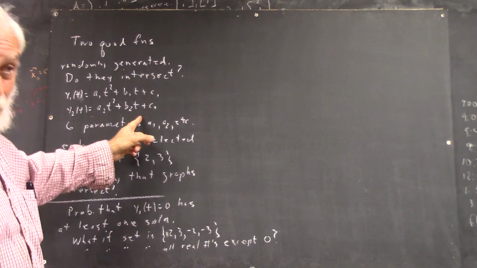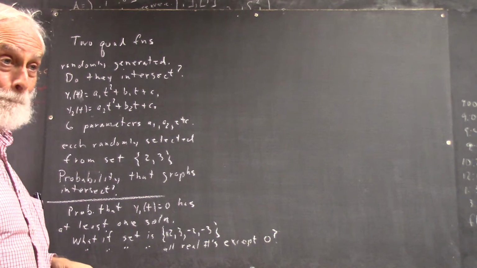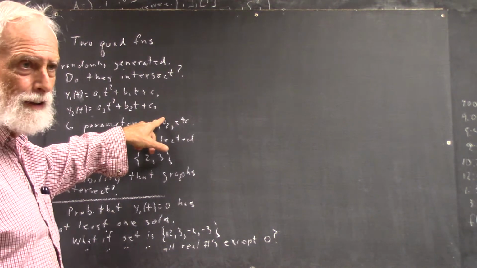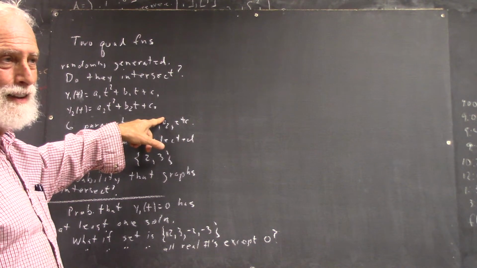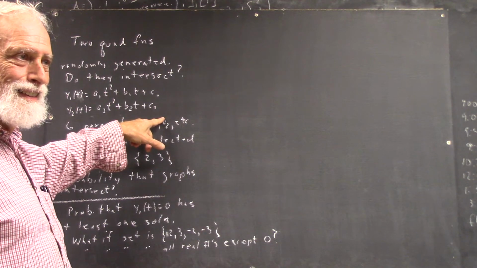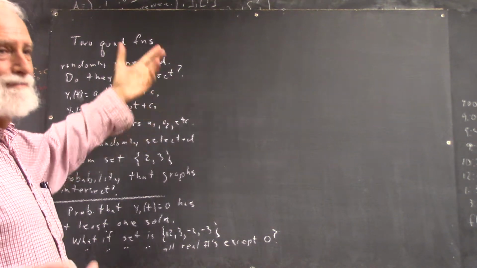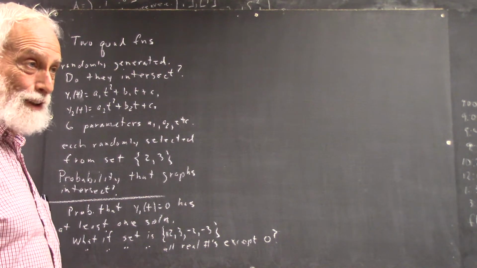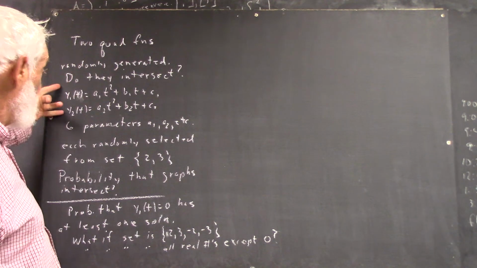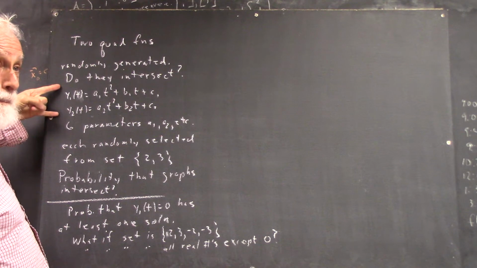I could write a program to test them, to see if these things have an intersection, right? But you see, there are 8 choices for each of these, so it's 8 to the 6th. Well, 8 to the 6th is 2 to the 18th. And 2 to the 20th is a little over 1 million. So 2 to the 18th is 250,000. So there are 250,000 possible combinations here, possible pairs of functions.